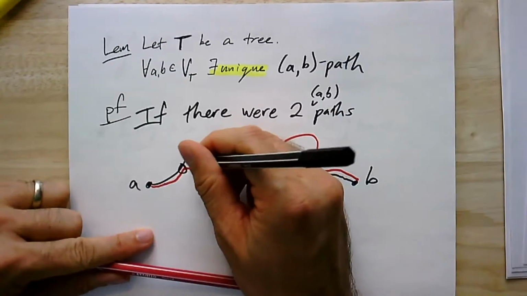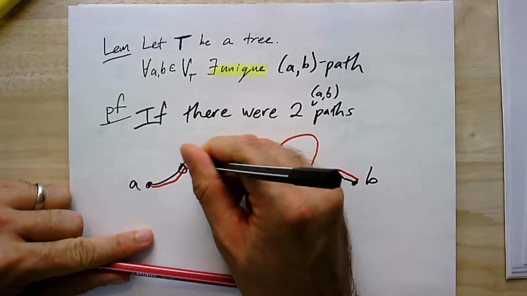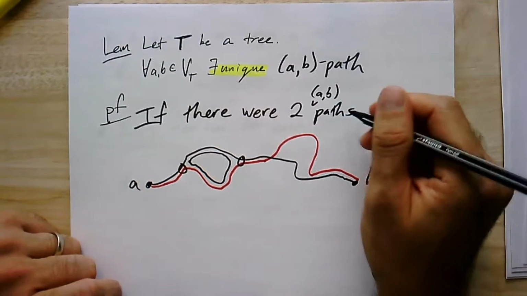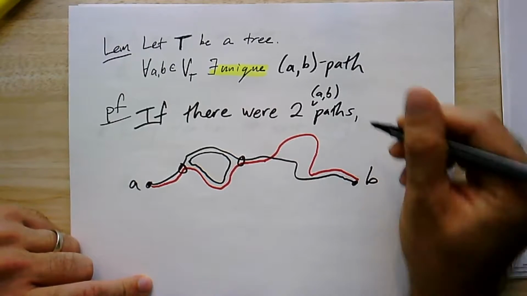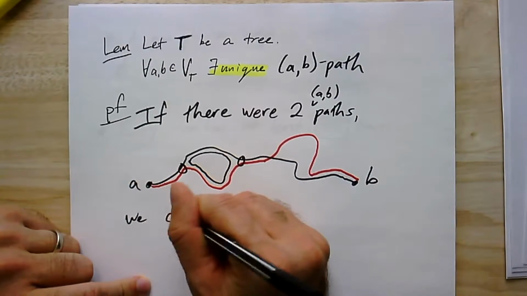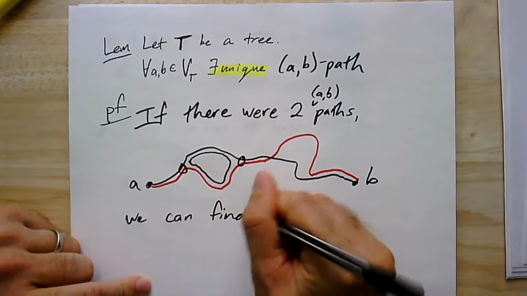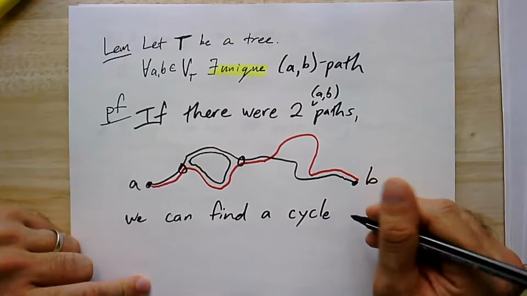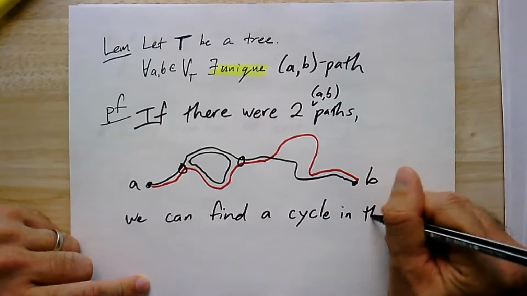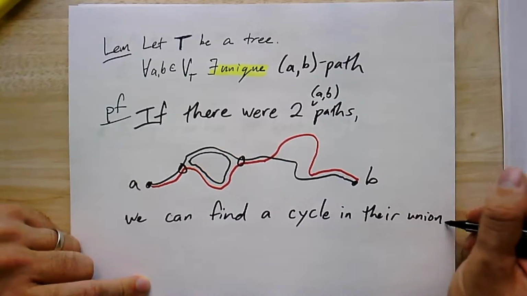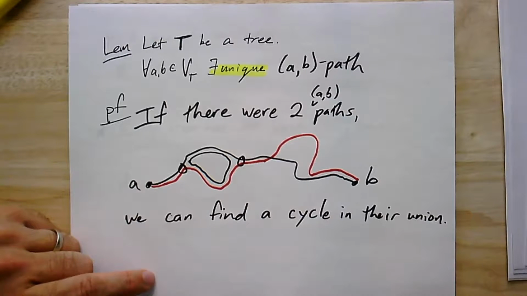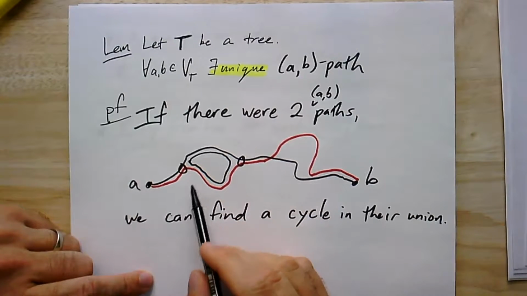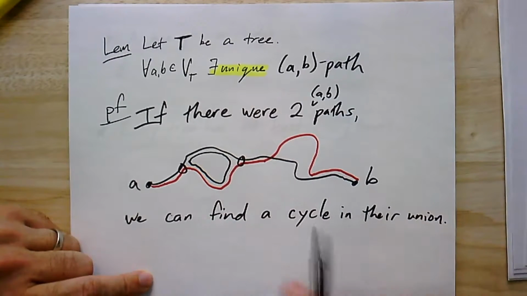And in here is a cycle. So if there were two paths, we can find a cycle in the union of those paths. You can work out explicitly what the parameterization of this cycle would be, in terms of the two paths, if you like.